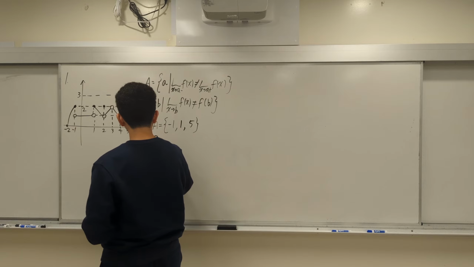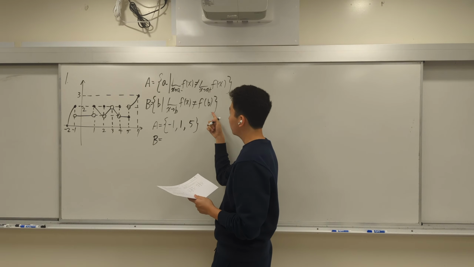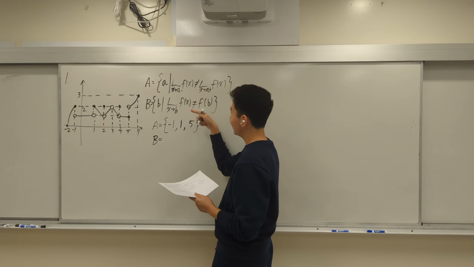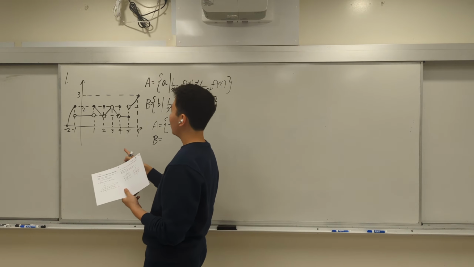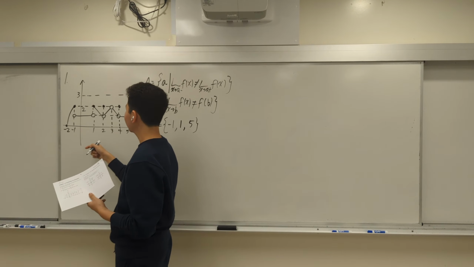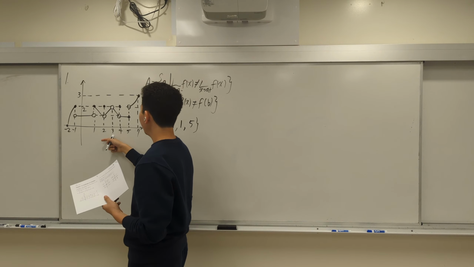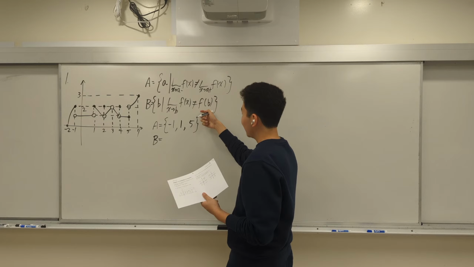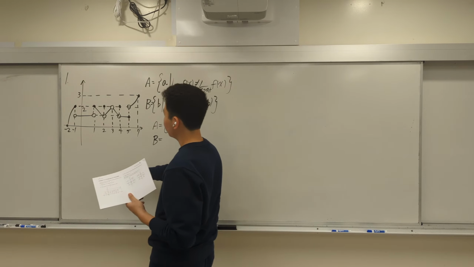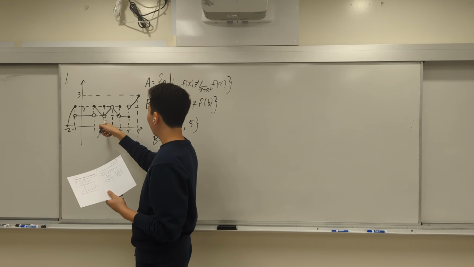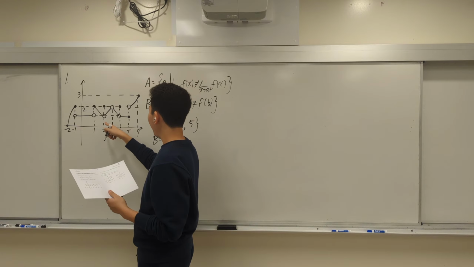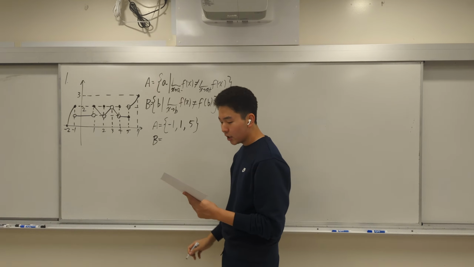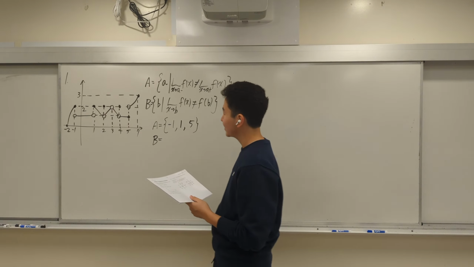For set B, the limit has to exist and the function value has to exist, and they cannot equal each other. Out of the points where the limit exists, we have 2, 3, 4, and 0 as well. But that cannot equal the function value. So 0 is automatically out. For 2 and 4, we have function values. But for 3, notice that there's no closed hole at x equals 3.